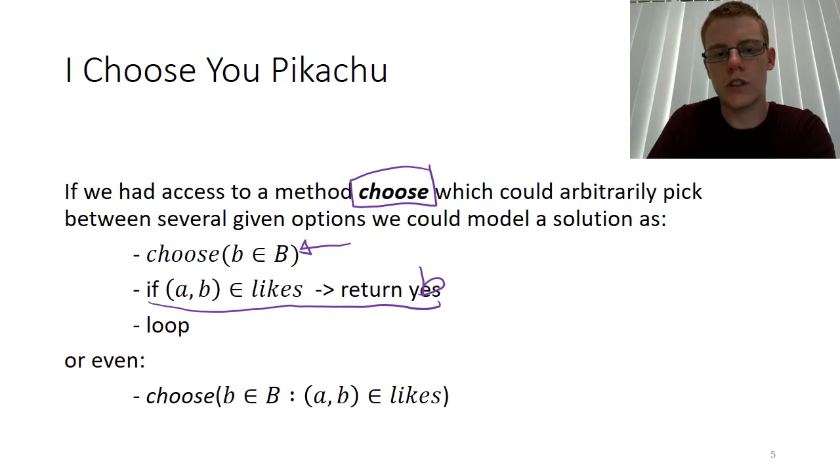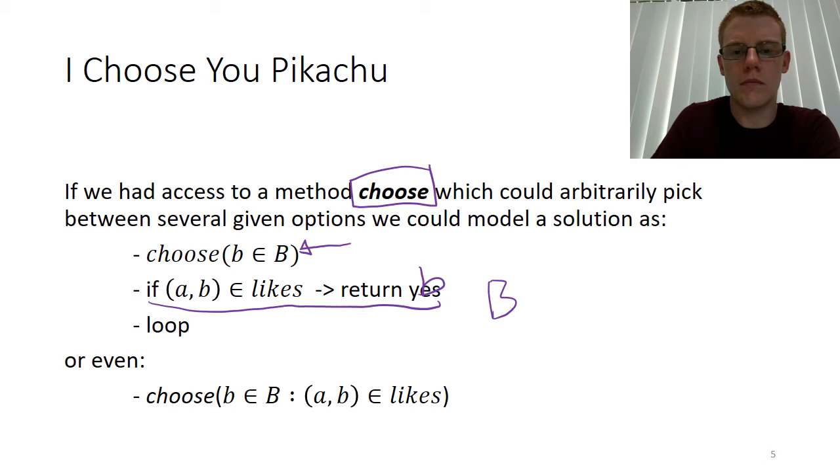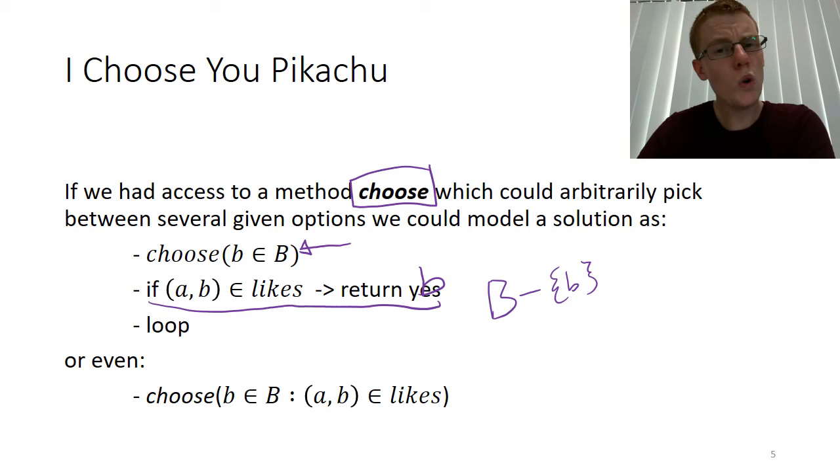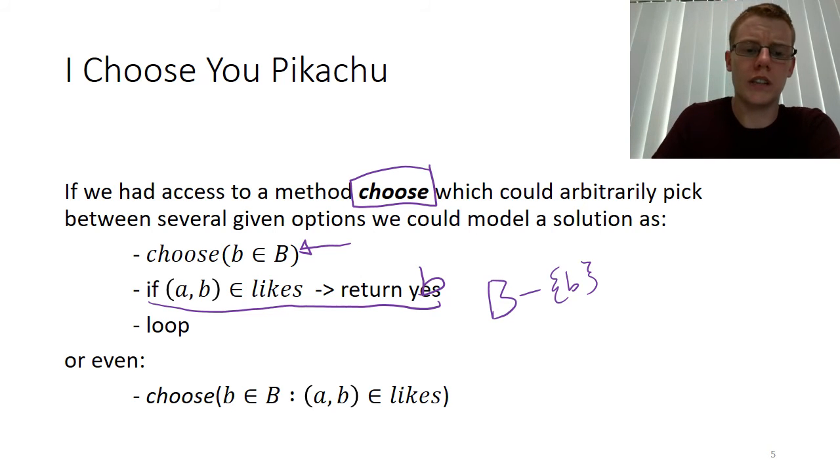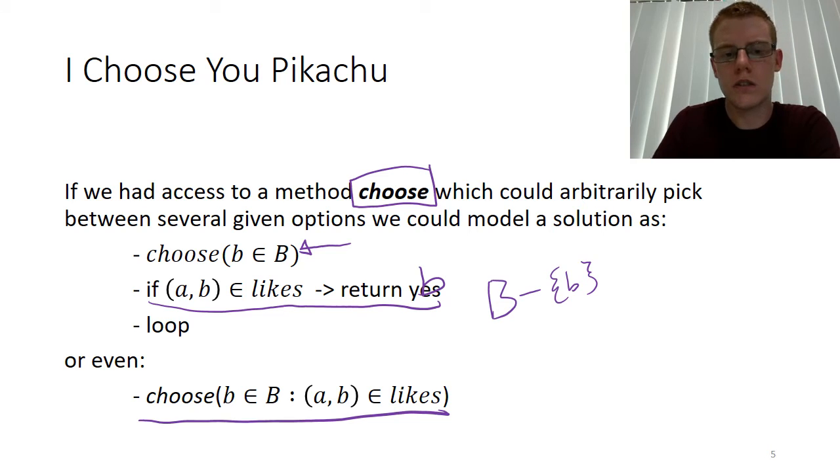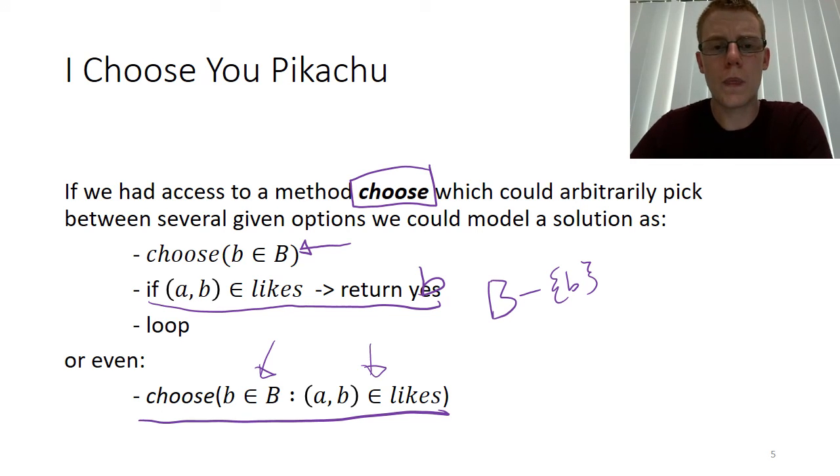In fact, we should return B, and otherwise loop back and choose something else in the set B minus that option. Or even we could simply model our idea as choose an element from B such that this is true, and then we return that choice.